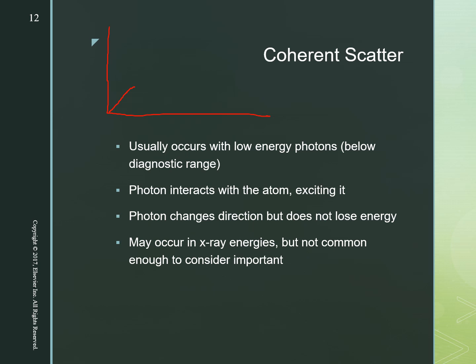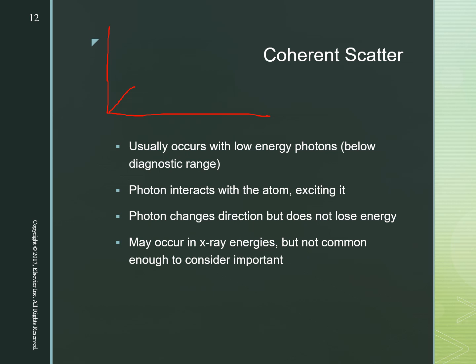They're going to come into an atom, and it's going to excite the atom as a whole. Remember, our photoelectric and our Compton were actually interacting with electrons because they had the smaller wavelength, higher energy. But these have such a longer wavelength, lower energy, that their wavelength is more matched to the size of an atom than it is to an actual electron.